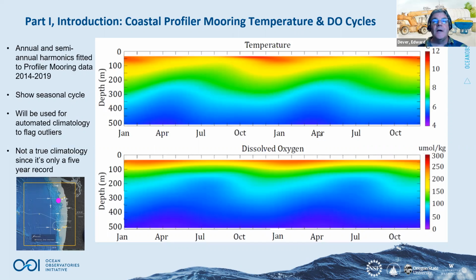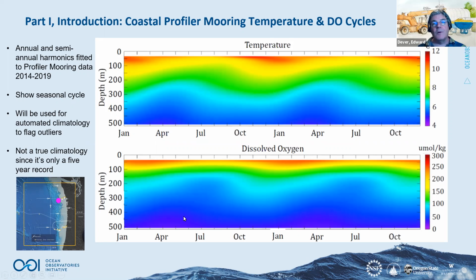And what you can see in the dissolved oxygen plot on the bottom there is that during the summer months, the lower oxygen level increases towards the surface. And this is water that is then upwelled near the coast and contributes to the development of hypoxia, especially after organisms grow in this nutrient-rich water and then fall out of the water column and decay and drive the oxygen levels down even more.